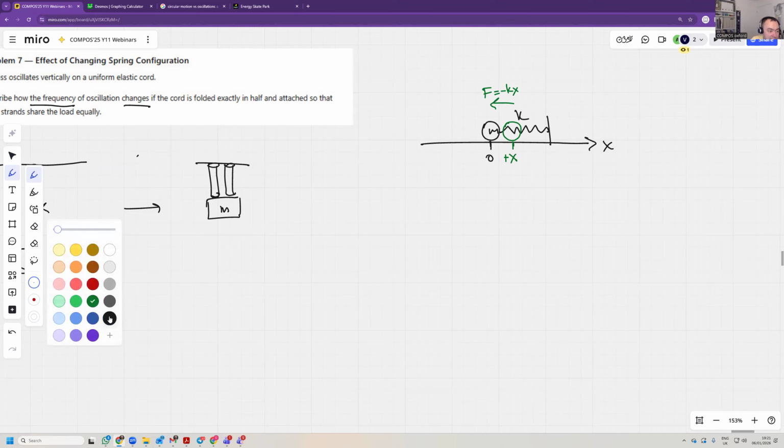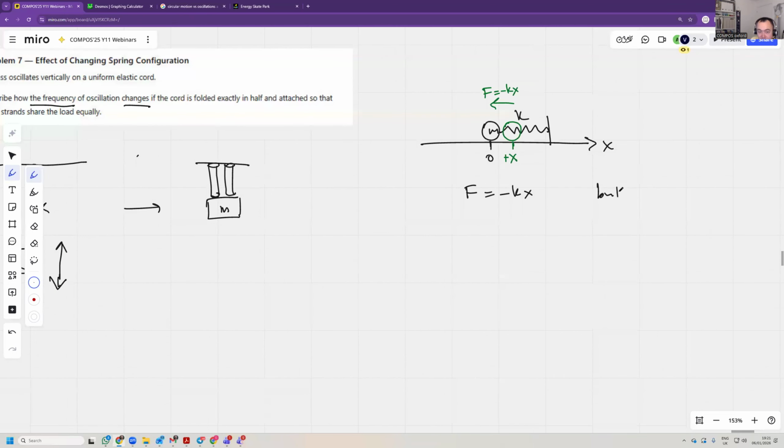And we can rewrite that. F is equal to minus kx, but F is ma. So ma equals minus kx. Divide both sides by m, so a is minus k over m times x.